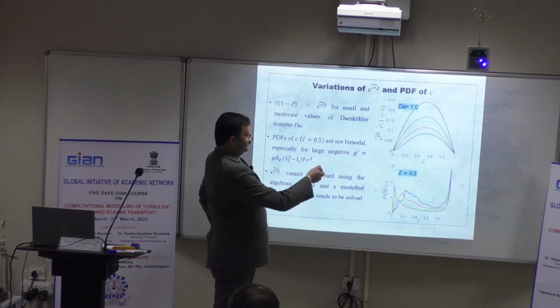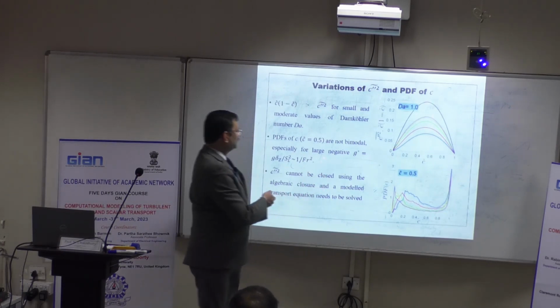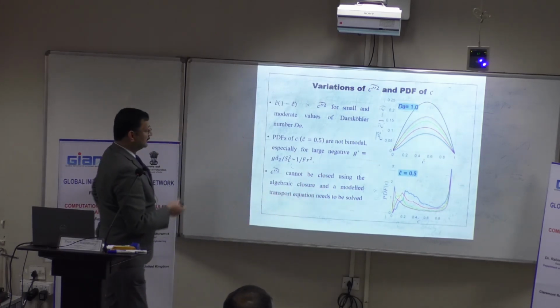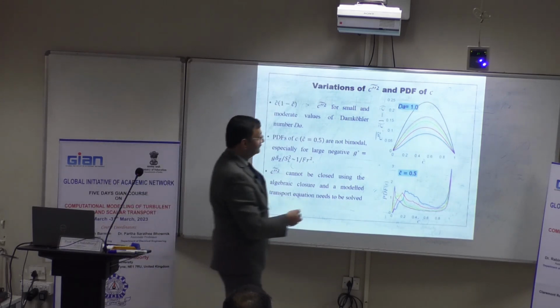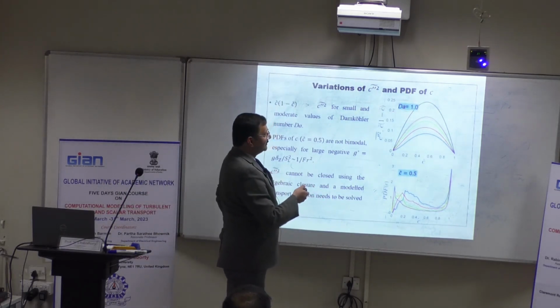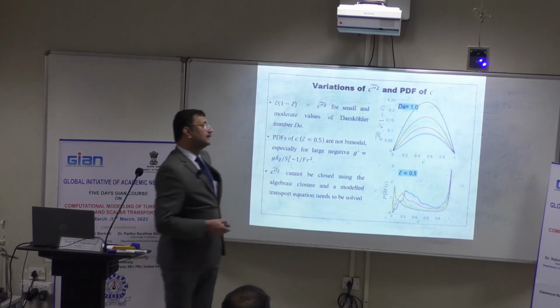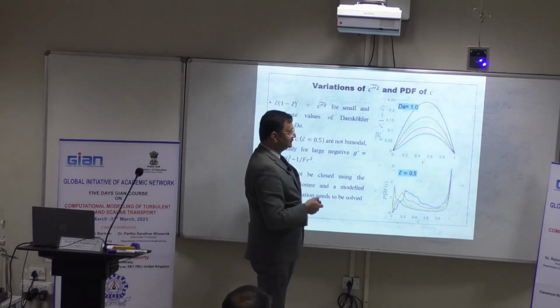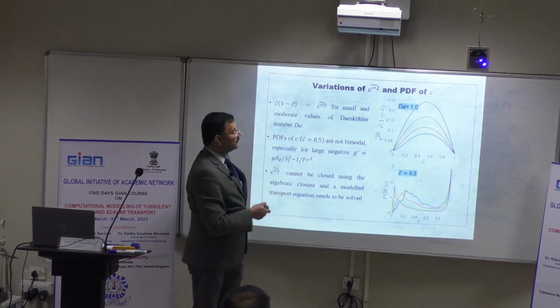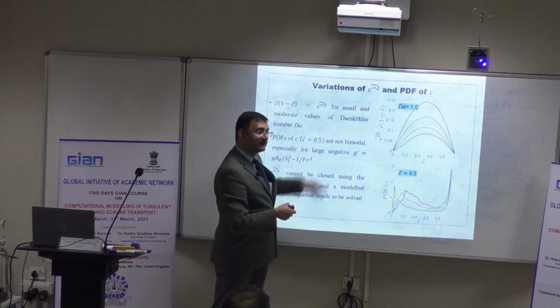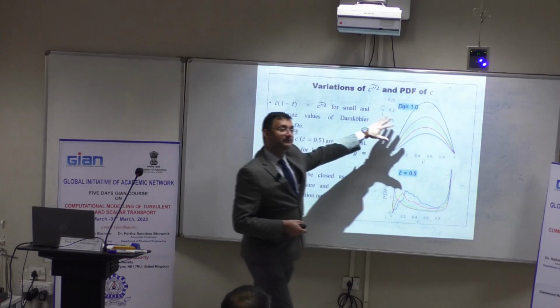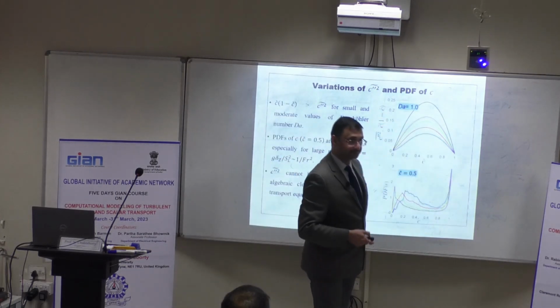And we are showing here for different Grashof numbers, but for a given Damköhler number. But if you consider a smaller value of Damköhler number, as the Damköhler number decreases, the departure increases.